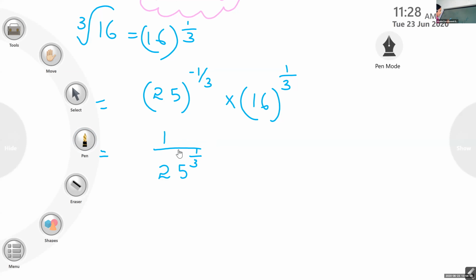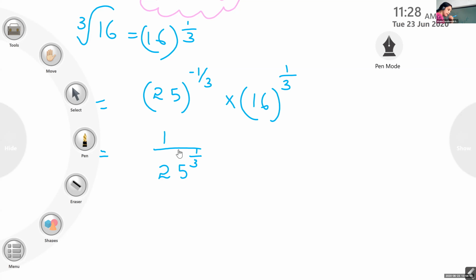Now you see, 25 all to the power of negative 1 by 3. How will you write? Use the law of exponent there. 1 by 3 never changes. Sign only changes. When it goes up and down, numerator and denominator, 1 by 3 remains same. Clear?